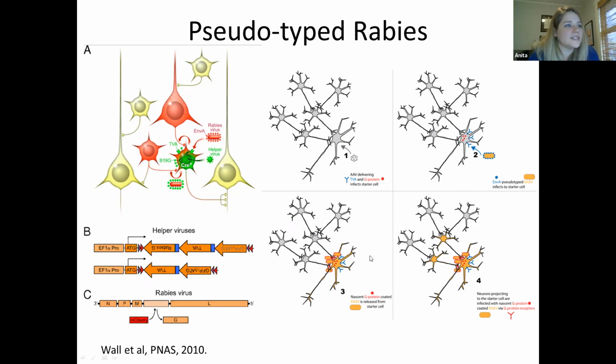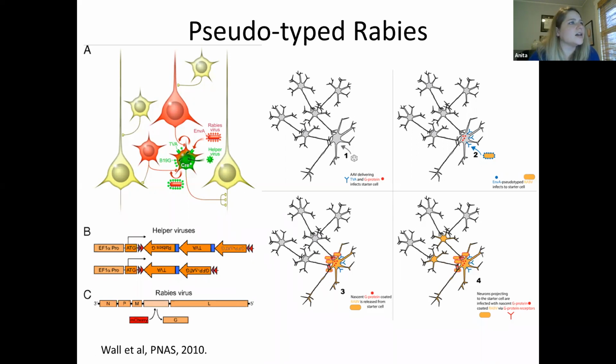The G protein is here too. The G protein will coat the capsid and allow it to go one time. But now in this cell, which gets infected, this cell does not have the G protein because that was expressed through an AAV, and it does not have the avian receptor, so it's gonna stop here. It cannot continue to cross synapses because we've taken out those factors. They're only expressed in this primary neuron here. Does that make sense to everybody?